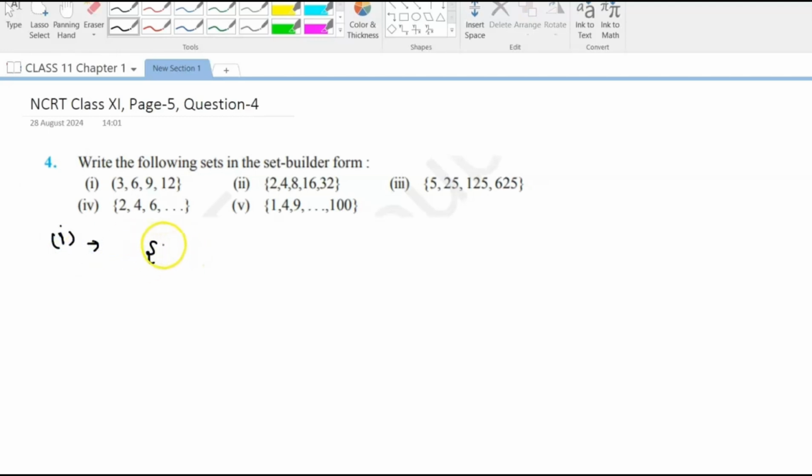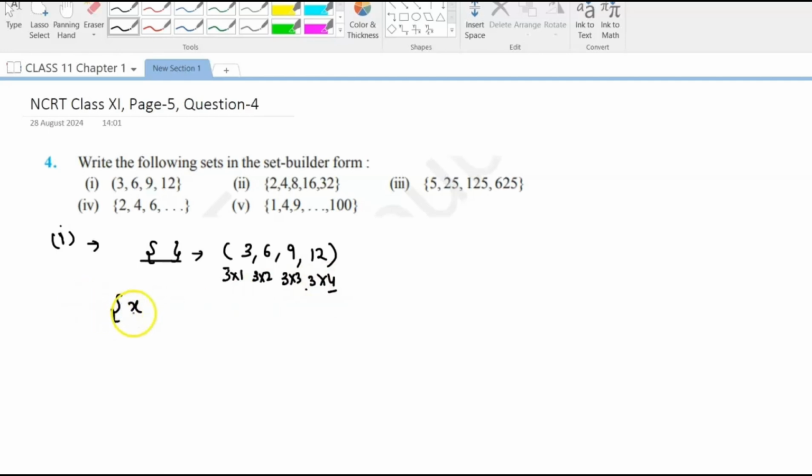For a set, you can write in curly brackets and you can also write it in small brackets. So 3, 6, 9, 12. And that's it. If you look closely, what is this? 3 ones are 3, right? 3 twos are 6, 3 threes are 9, 3 fours are 12, till 4. Okay? So let's write.